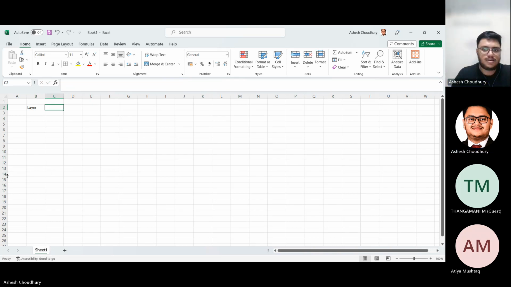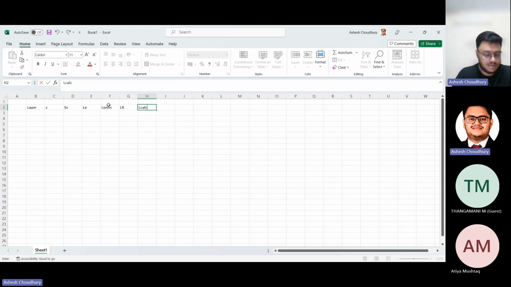Layer, set the minimum power. This one layer we have 11.